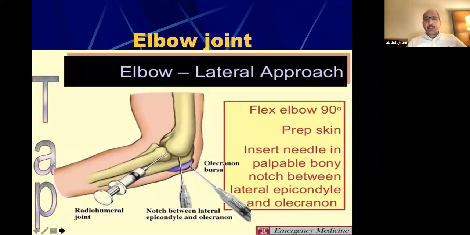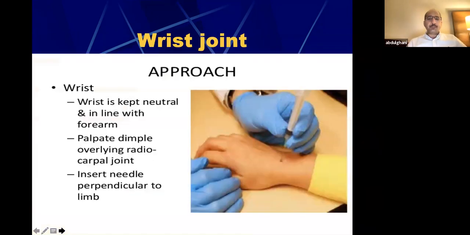In the elbow joint, again on the lateral approach, flex the elbow to 90 degrees, prepare the skin, and insert the needle in a palpable bony notch between the lateral epicondyle and the olecranon. There is a small triangle type dip where you have to insert the needle. In the wrist joint, the wrist is kept in neutral in line with the forearm. Palpate a dimple overlying the radiocarpal joint and insert the needle perpendicular to the limb.